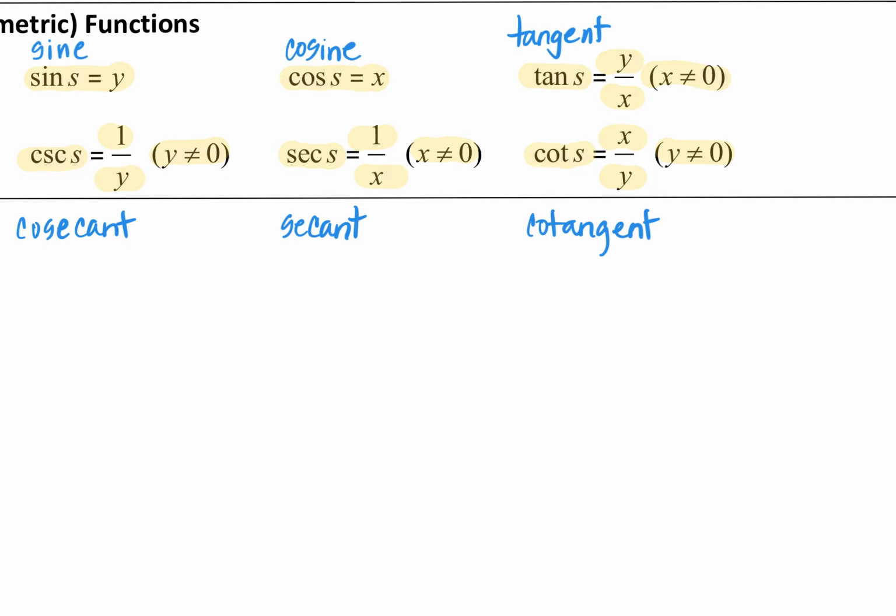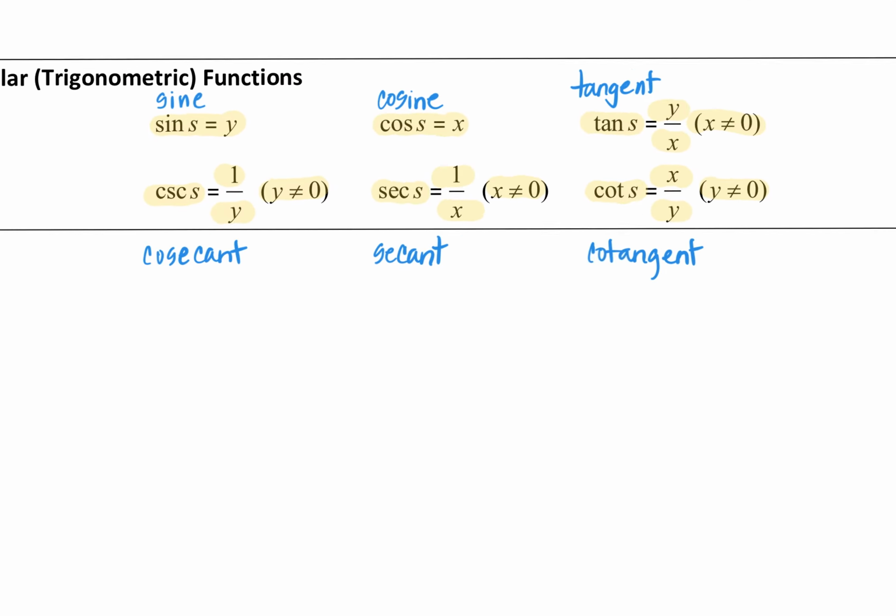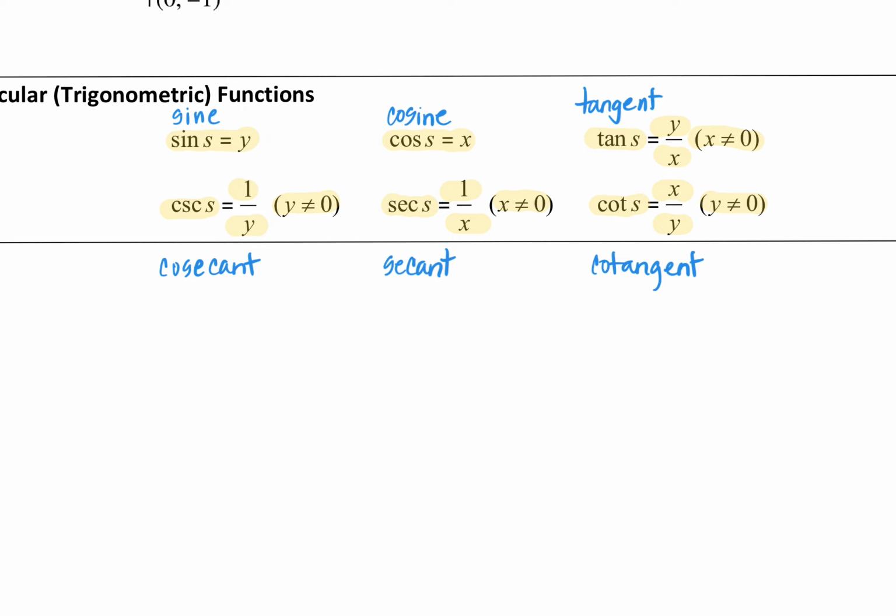And then these would be our 6 trig functions. The 3 main would be sine, cosine, tangent. And then when you take the reciprocal, you get the other 3, which is more secondary functions that we don't use as much. And that would be the cosecant, the secant, and the cotangent.